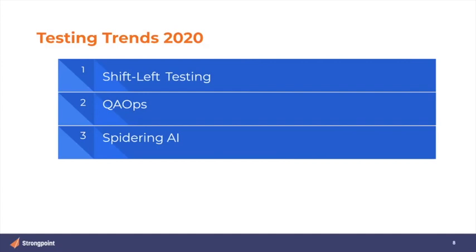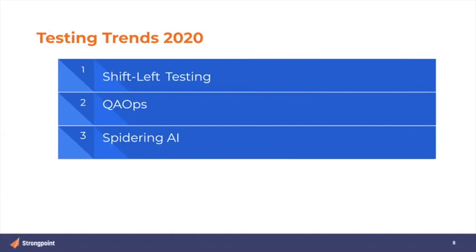When you do acceptance testing, in our case we don't do integration testing by the book, we do more acceptance testing. We know that we need certain scripts to be tested together, or certain processes to be tested together. So that spidering AI that is getting more and more traction, at least for myself, sounds like, yeah, we have been doing this for ages, because actually what Strongpoint does is keep the documentation up to date in my account and different environments, and allow me to compare, and do everything completely separate from the QA team or the dev team.